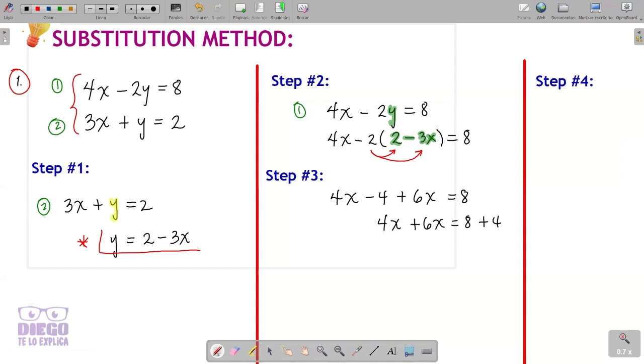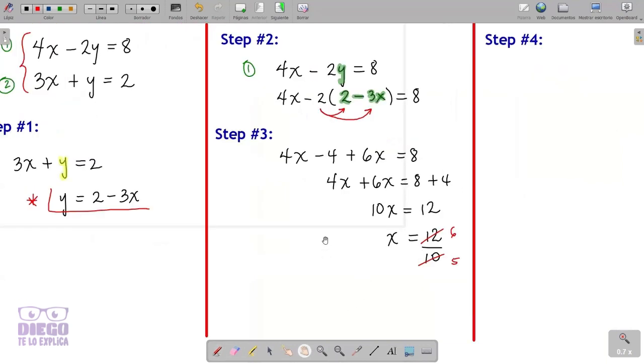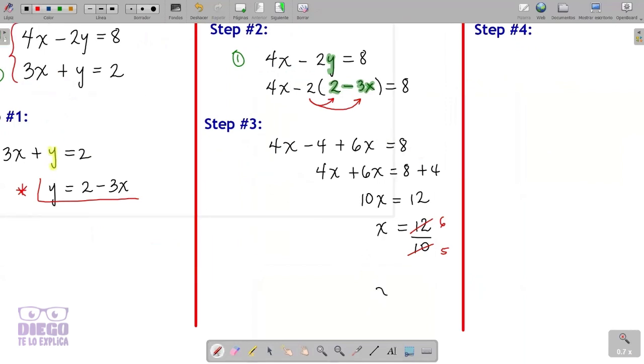So 1 plus 6, 7x. 8 plus 4, 12. Isolating x, the 7 goes dividing the 12. So the x value in this problem is equal 12 over 7. And this is the answer.